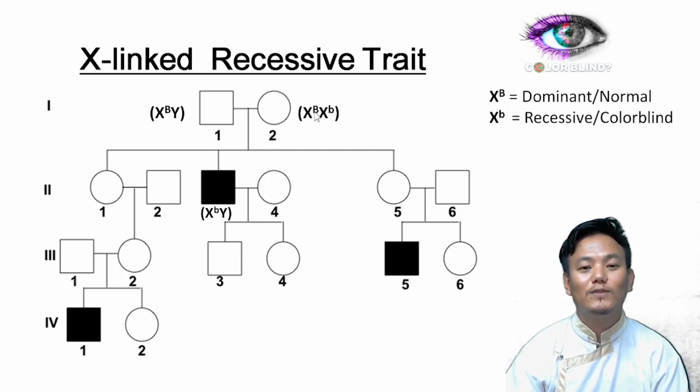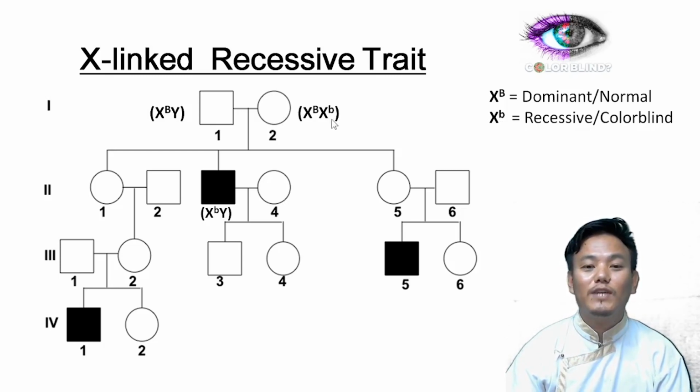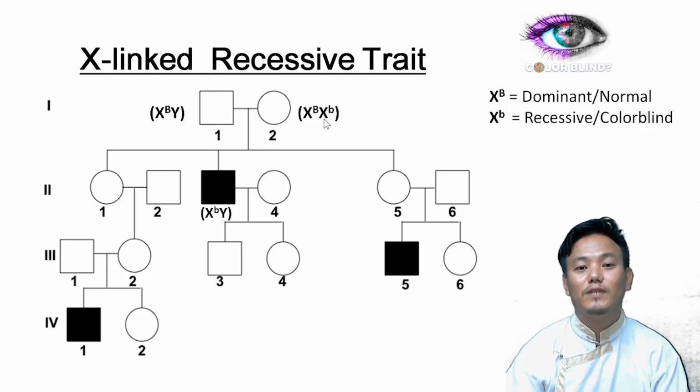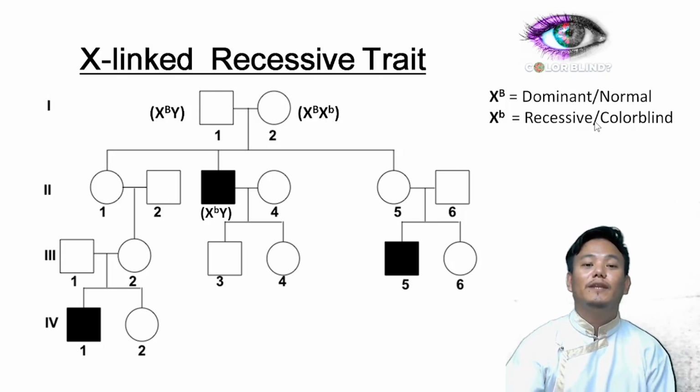One of her X chromosomes is carrying the dominant allele, and therefore she has normal vision, because the X chromosome with the normal allele is compensating for the X chromosome with the colorblind allele. So even though the trait is not observable in this female, she is carrying the recessive colorblind allele.